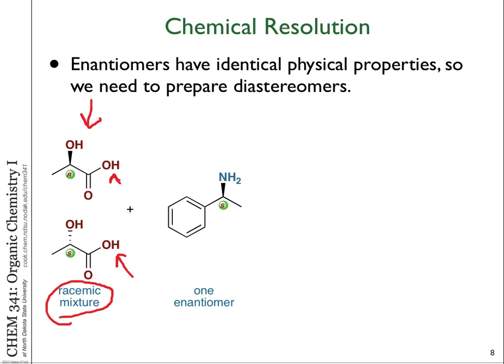Okay, but let's say we have on the shelf a bottle of this particular amine. It also has a stereocenter. It happens to have the S configuration. And fortunately, we have a bottle of this molecule, which is a single enantiomer. It's optically pure.